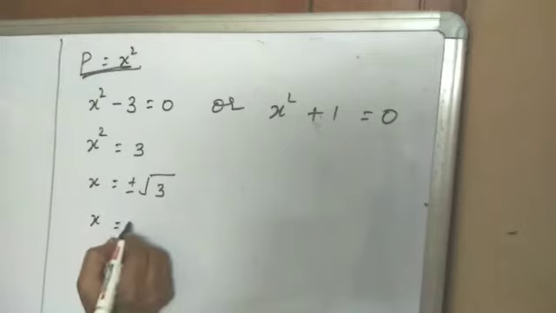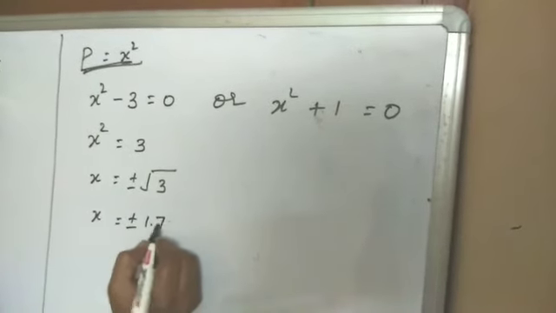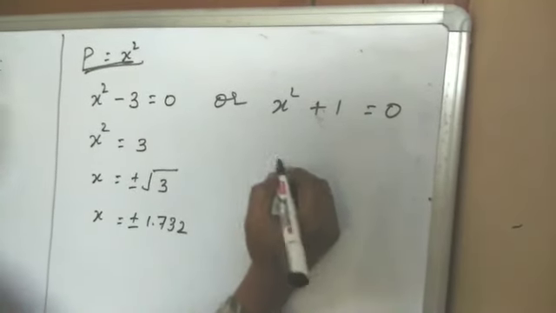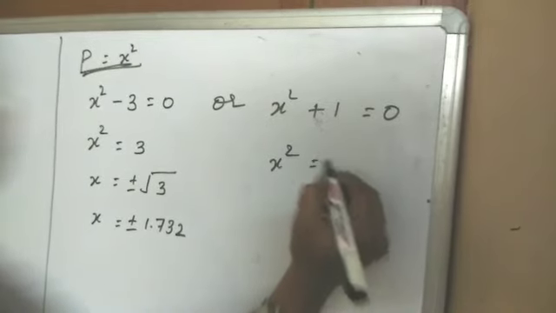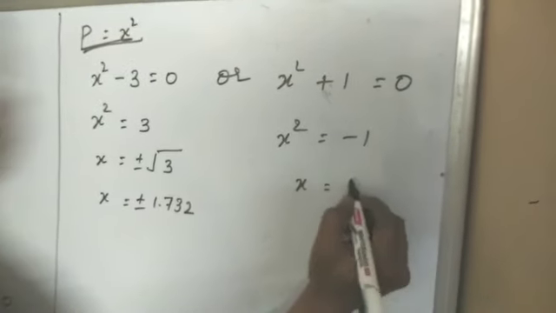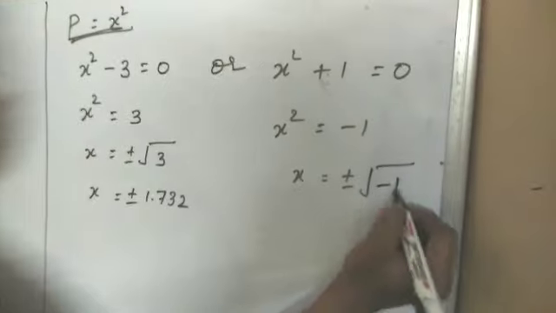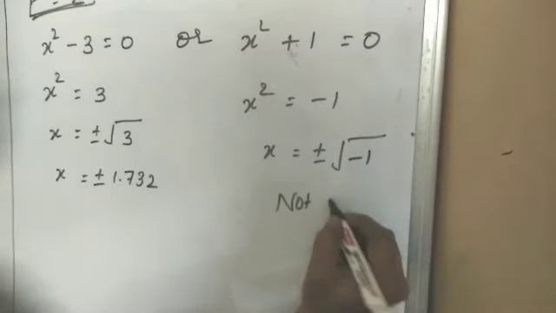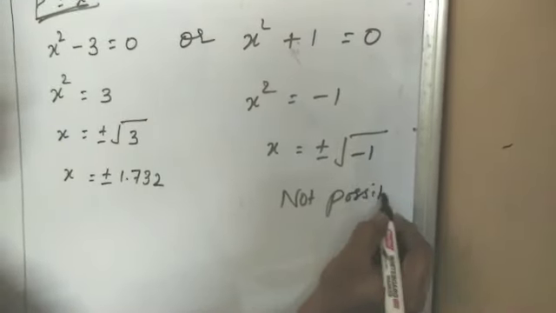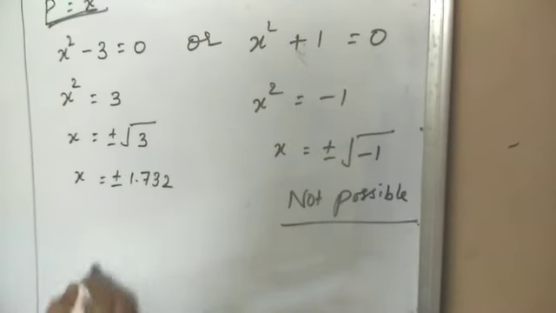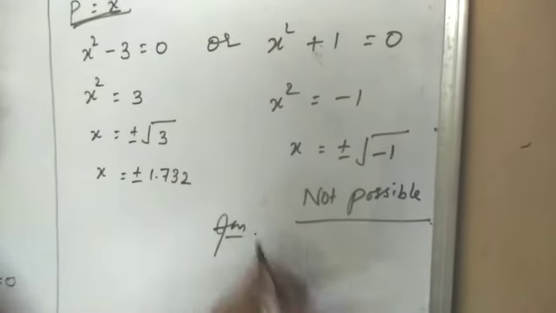So x is equal to plus or minus 1.732. And here x squared is equal to minus 1. x is equal to plus or minus under root minus 1. That is not possible. Okay, this is the answer.